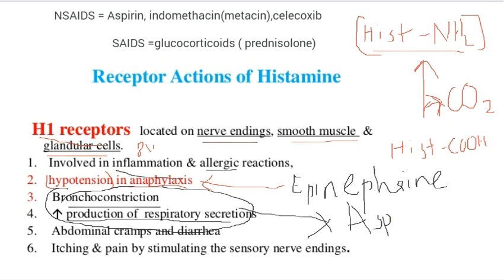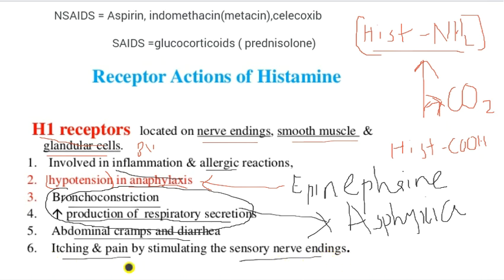Asphyxia means the person can't breathe properly, so there is no oxygen in the blood, and it can lead to death. Also abdominal cramps and diarrhea, itching and pain, stimulating the sensory nerve endings.